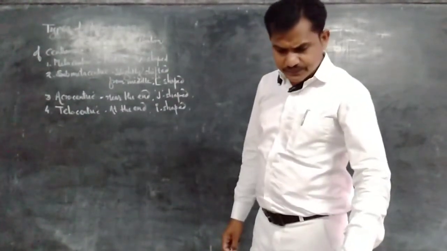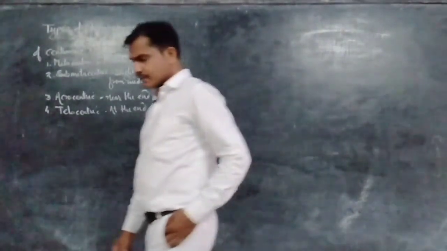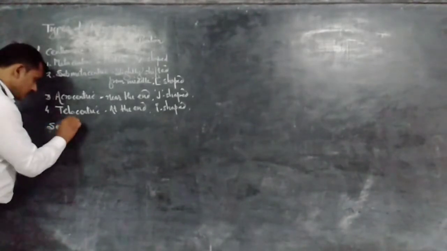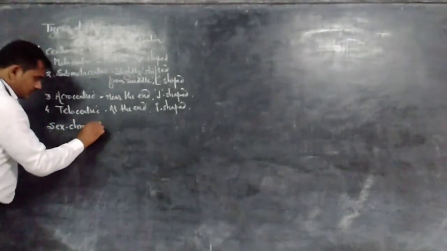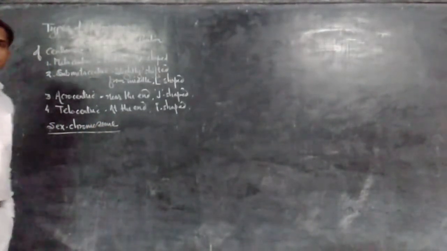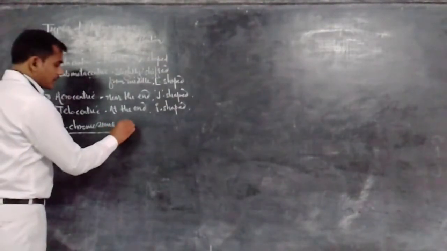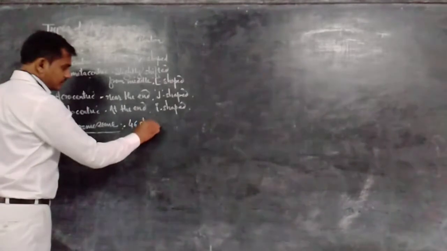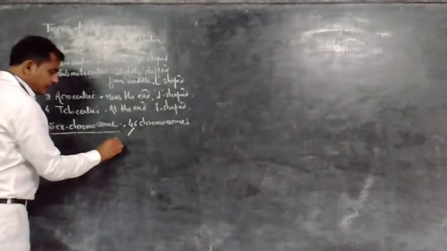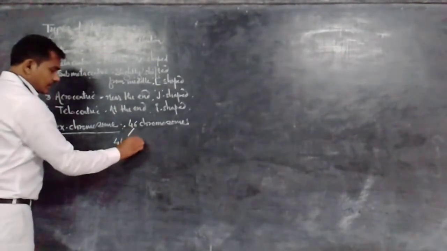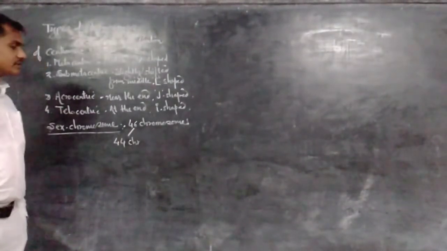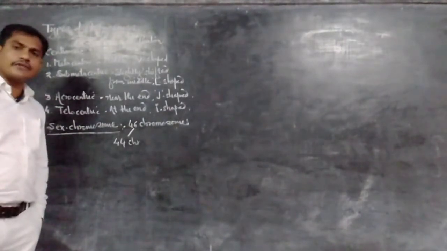Now see, next one, sex chromosomes. We know that in human beings, a total of 46 chromosomes are present. Out of 46, 44 chromosomes determine all the characteristics of the organism except the sex of an individual.